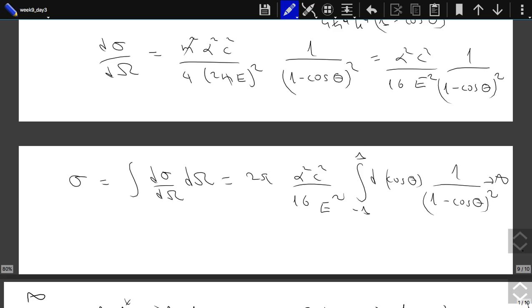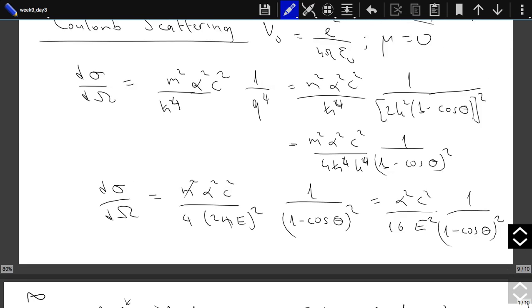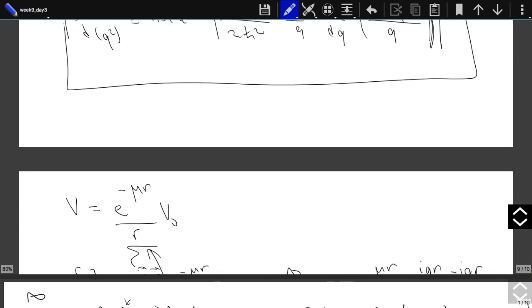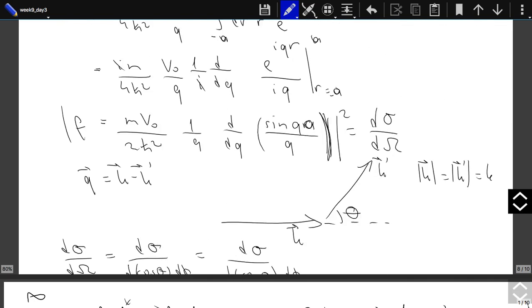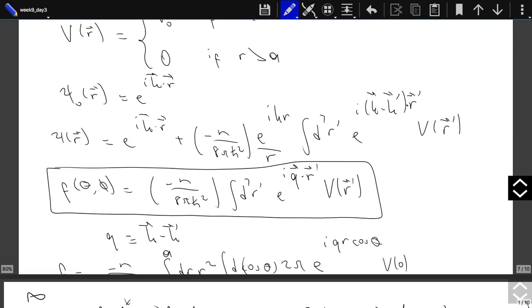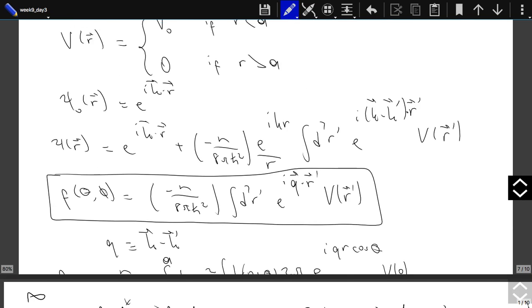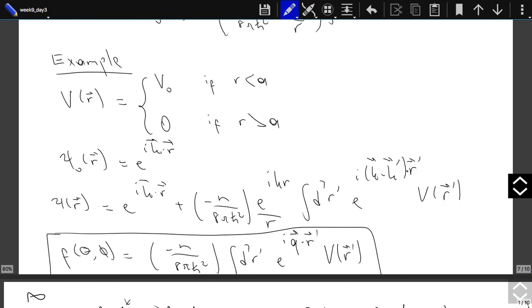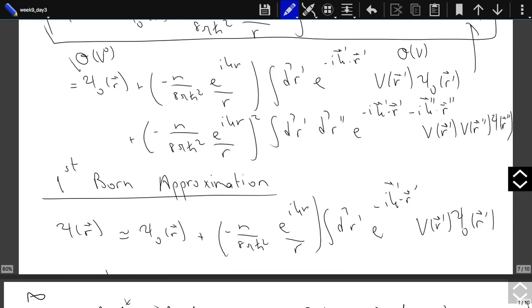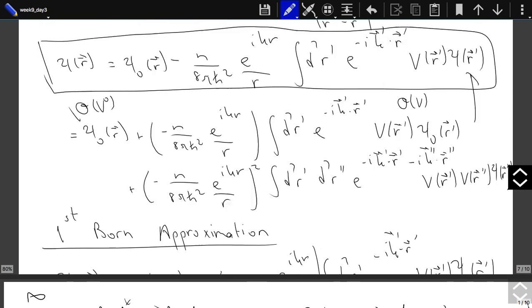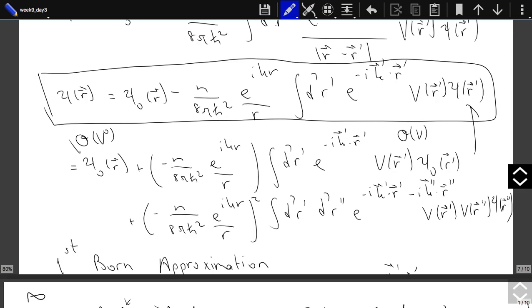We had this first Born approximation. There was an integral just before it. We put the phi0 inside the integral.